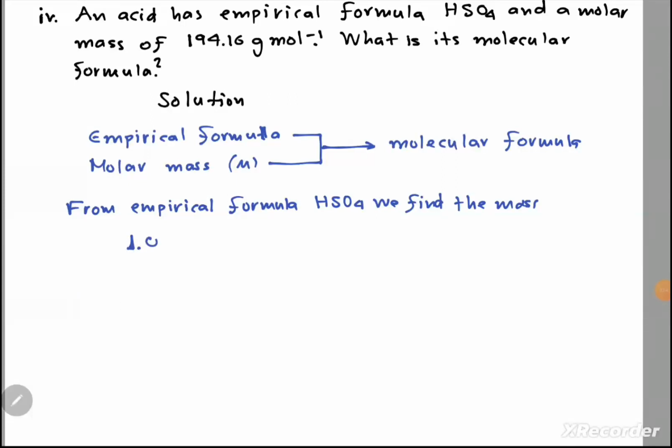Ar for hydrogen plus Ar for sulfur plus 4 times Ar for oxygen. This is equal to 97.08 grams mol -1.